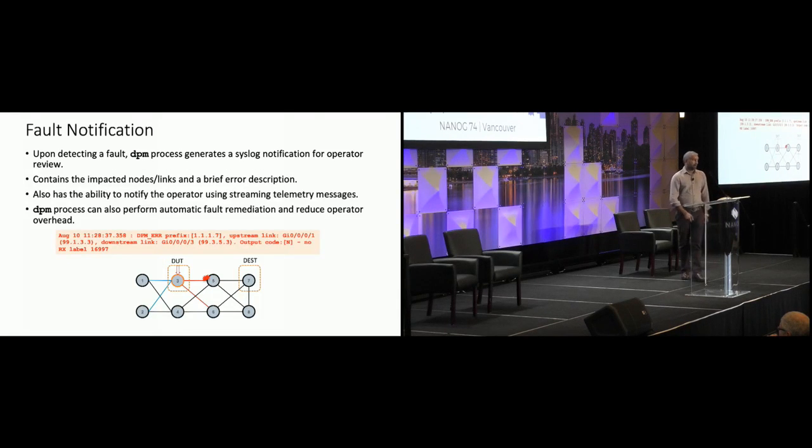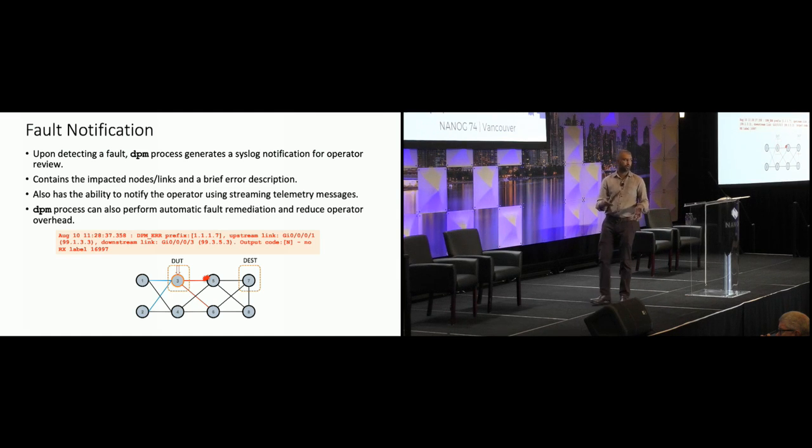And of course, you want to make sure that the operator gets a fault notification message, and that notification message is informative and accurate. So when DPM detects a fault, it will alert the operator. It could be through a message on the box, or it could be through a telemetry mechanism. But it will notify, and that notification will contain the information of the fault. It will include the links that are involved, the prefixed label, as well as a brief error description of what really went wrong.